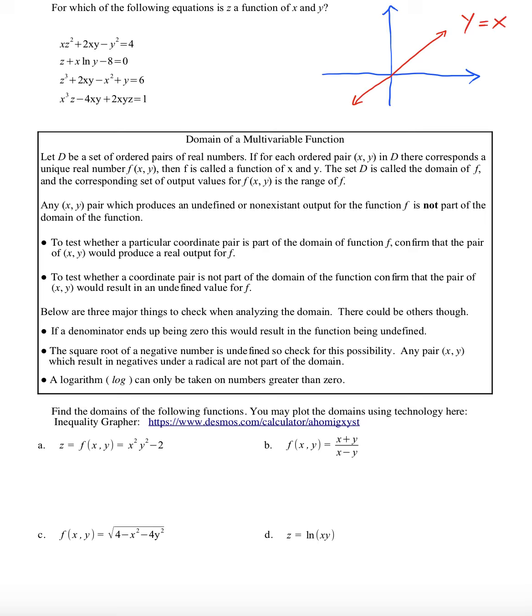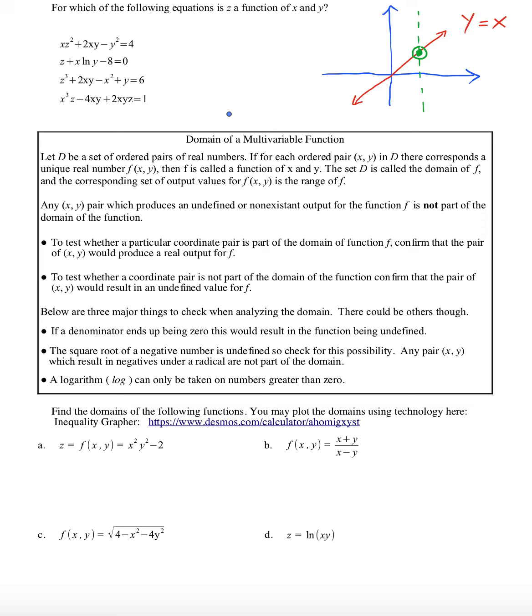To qualify as a function, a curve has to pass the vertical line test, which means that when you draw any vertical line anywhere on the x-axis, it should only intersect your function once. If it intersects more than once, then what you have is not really a function. So whereas y equals x satisfies that, a circle would not.